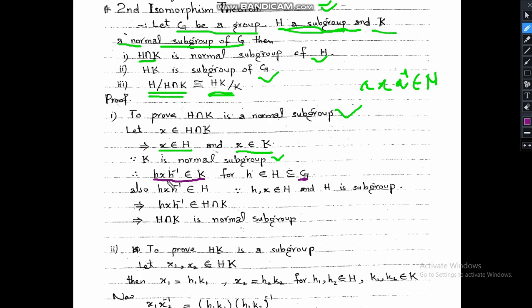Again, because this belongs to K and K is a normal subgroup of G, every element of K will belong to H, because K is a kernel which generally contains the elements which are mapped to identity.